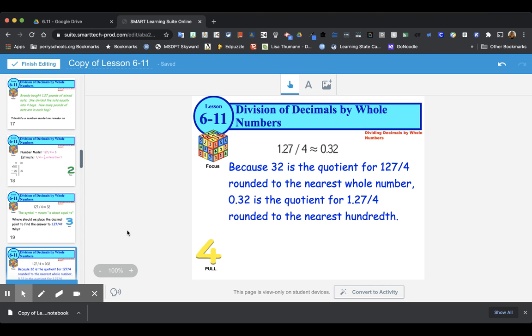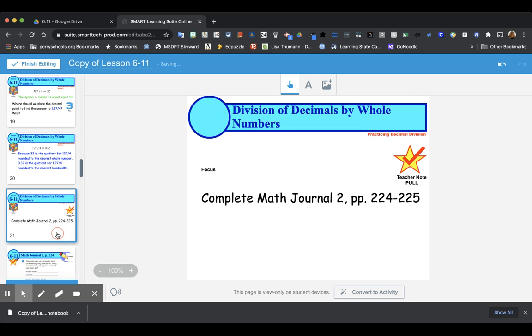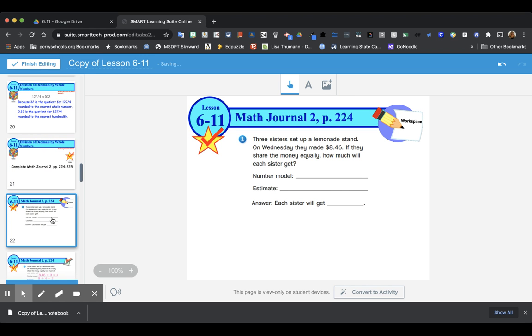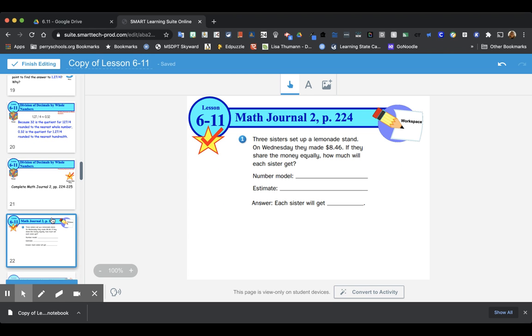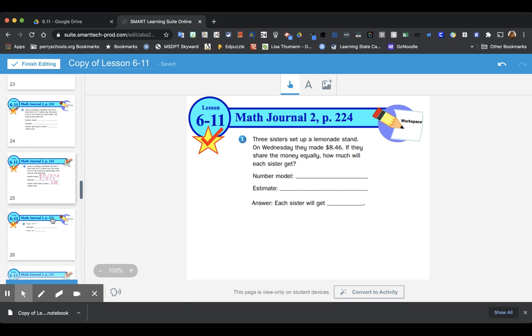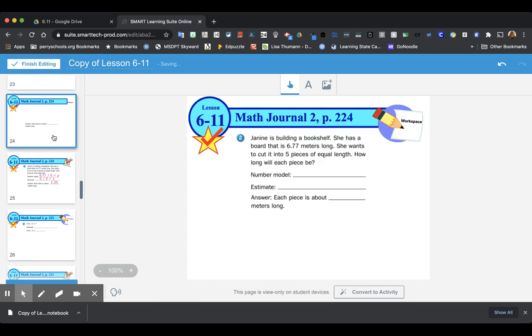You want to think about how many places you moved that decimal. So turn to page 224, 225 in your Math Journal 2, and you are going to complete this problem on your own using that strategy. So you're going to do number 1, about 3 sisters with $8.46. Number 2, about Janine.